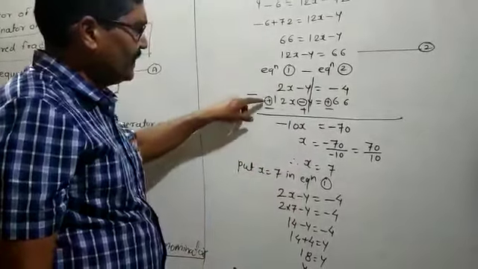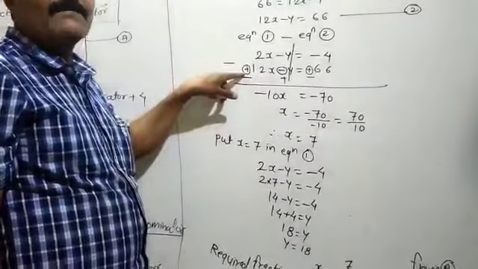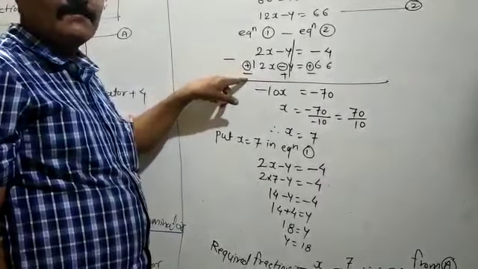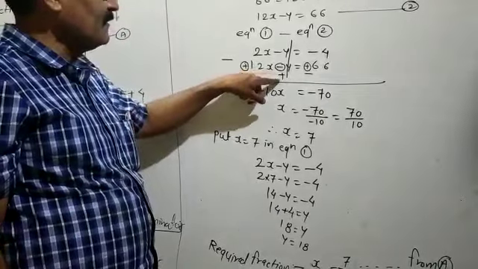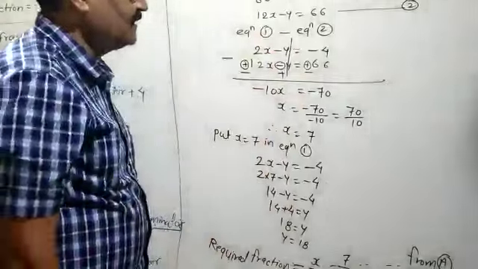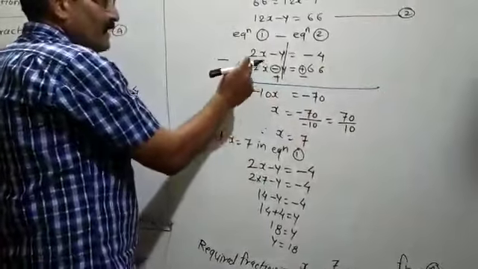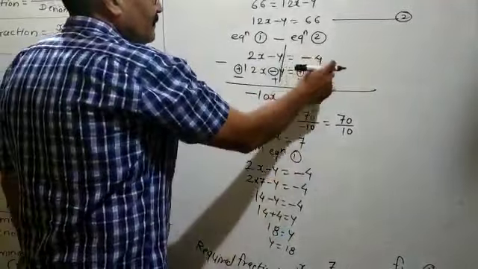Once we give the minus sign, plus 12x becomes minus, and minus y and plus y cancel, so strike this term. Minus 4 minus 66, plus 2x minus 12x is equal to minus 10x.